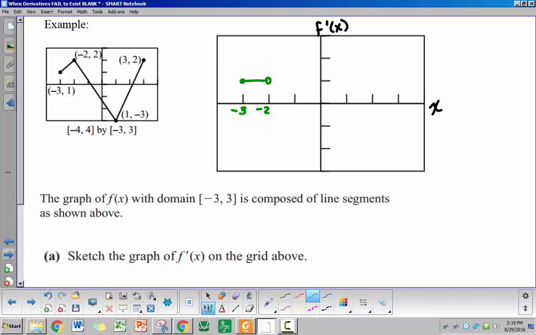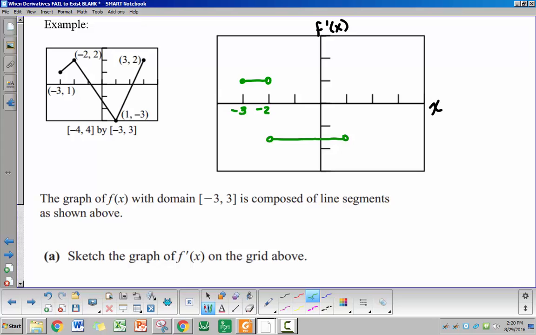So we're going to go down 1.6, and we're going to have an open dot here. All the way to 1, and we're going to have an open dot there, right? Because it's not differentiable at 1, because we have a corner.